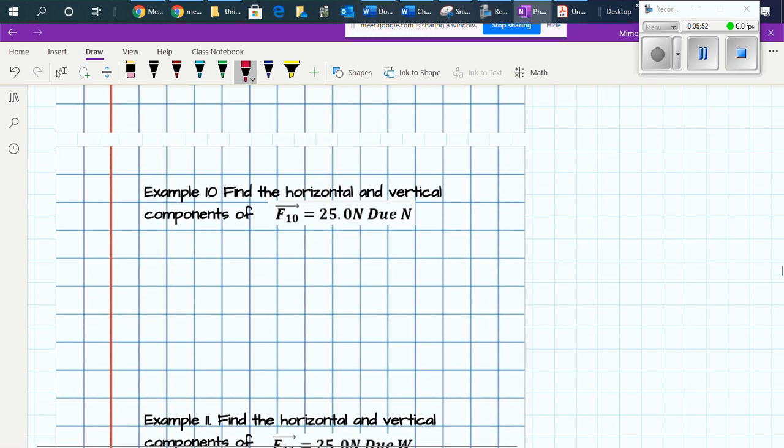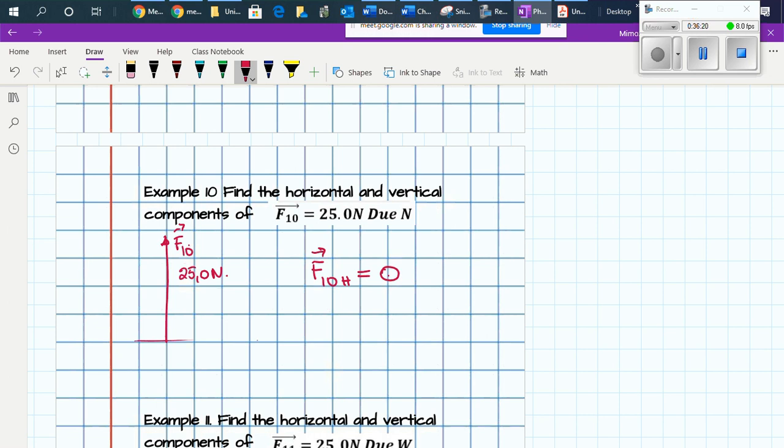Now, the other example here is when we have a due north. So we have a vector, as we said, it goes like this, F10, and the magnitude of this vector is 25. So that means that the length of the line segment that represents this vector is 25. So the horizontal component of this vector will be equal to 0.